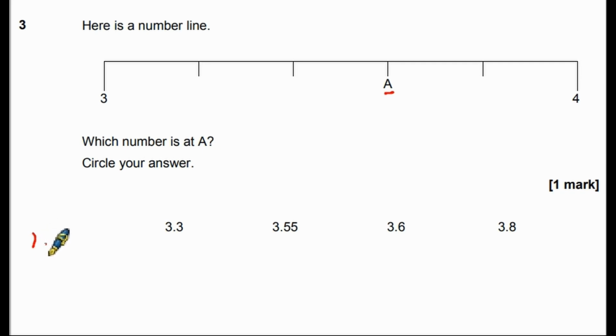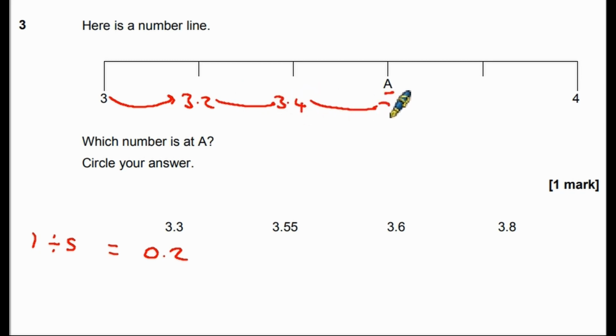If you go 1 divided by 5, you'll find that each of the steps is 0.2. Therefore, if we add 0.2 to each division, we get 3.2. That would then be 3.4. Therefore, A becomes 3.6. That's 3.8, and it all fits together with 4 on the end, so A is 3.6.